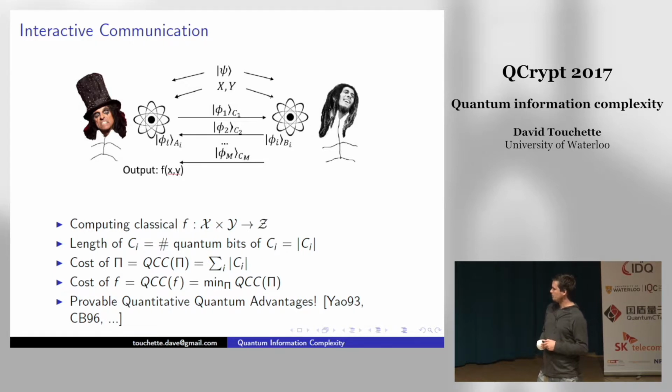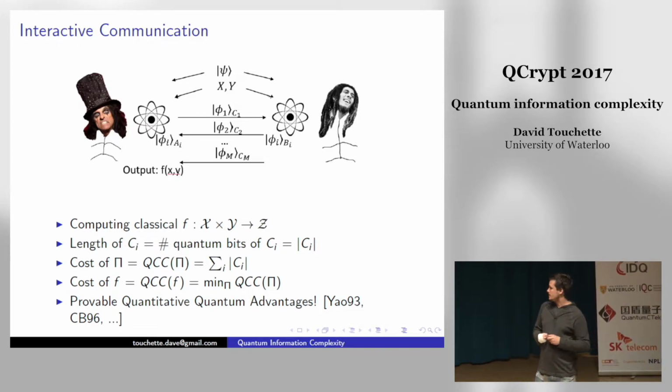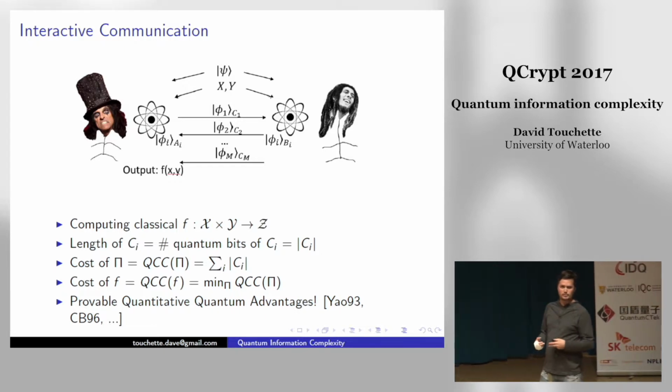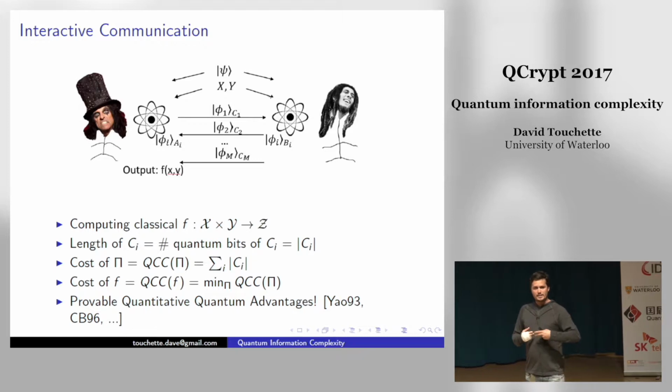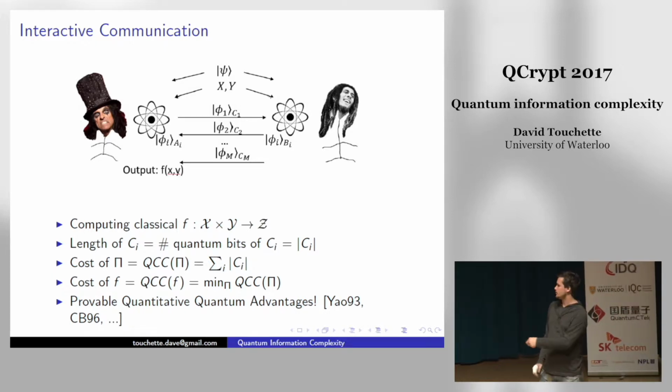Then, in order to compute a given function f, the cost of the function is defined in this way: QCC of f, the quantum communication complexity of f. It's defined by taking the best protocol in terms of the minimum amount of communication, as long as the protocol does compute function f with low error at the output.